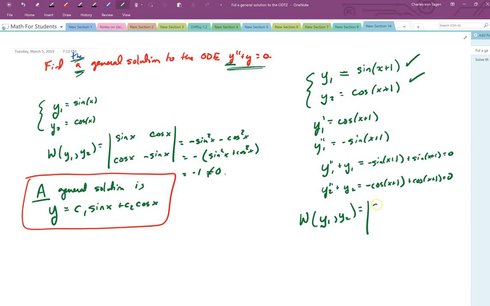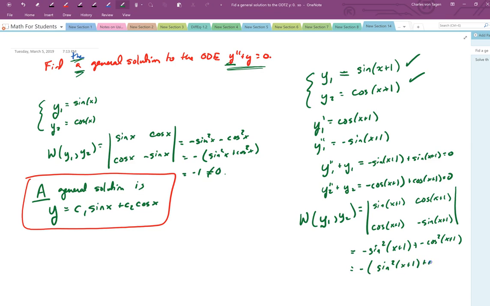So let's see here, we'd have the sine of x plus 1, so we get the cosine of x plus 1, and then we have the cosine of x plus 1, and then minus the sine of x plus 1. And in fact, interesting, well, I don't know if it's that interesting, we get a similar Wronskian: negative cosine squared of x plus 1, factoring out the negative, we get sine squared of x plus 1 plus cosine squared of x plus 1, and so we get minus 1 again for the Wronskian.